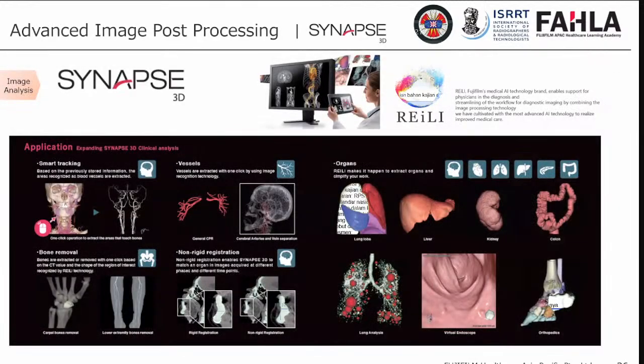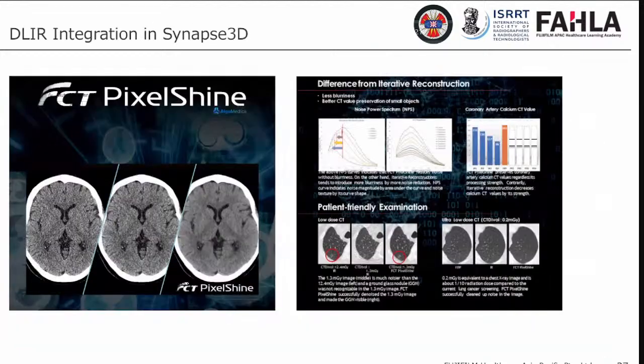And you can see, for example here for Fujifilm, we have Synapse 3D with more than 60 applications that you can use from the brain to chest and body. And as I mentioned, this deep learning iterative reconstruction previously worked on a separate server itself, and it would take some time to process the image.